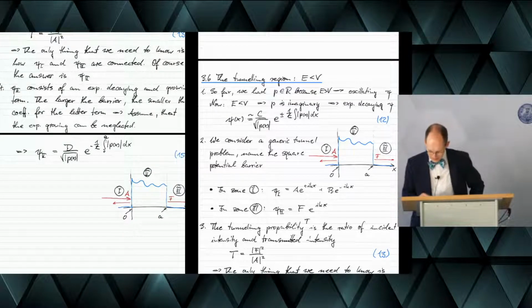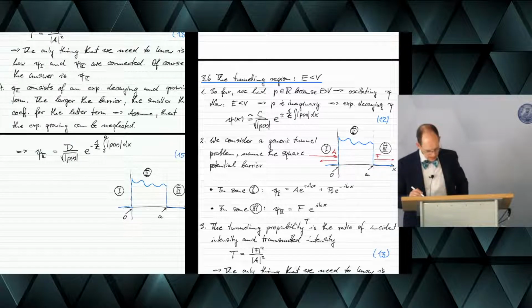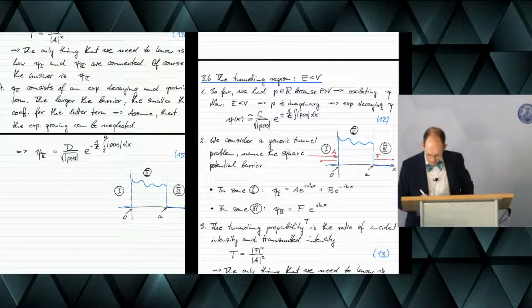What we have now is an incident amplitude, something like this here.